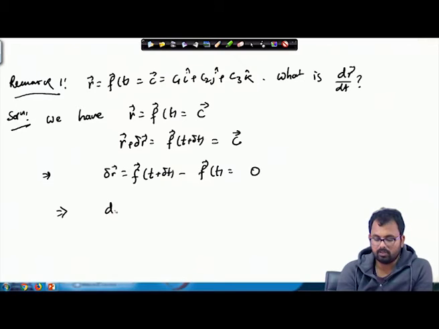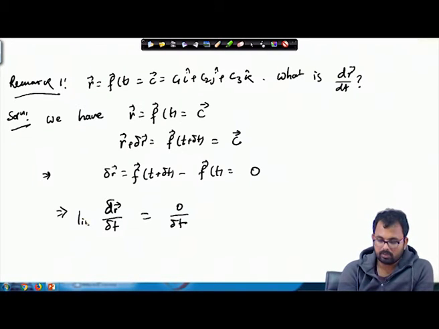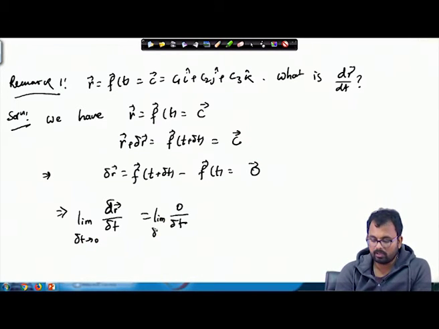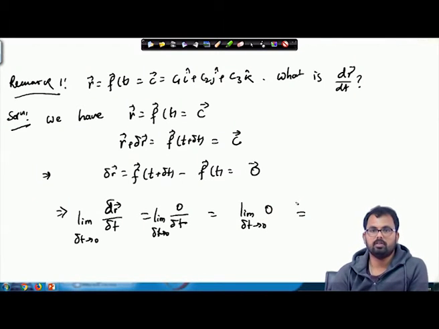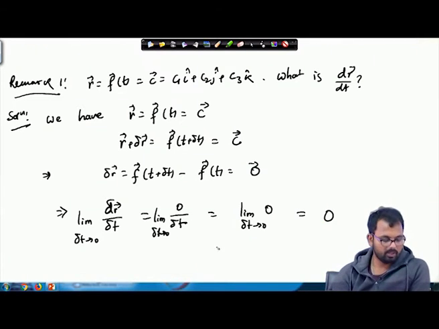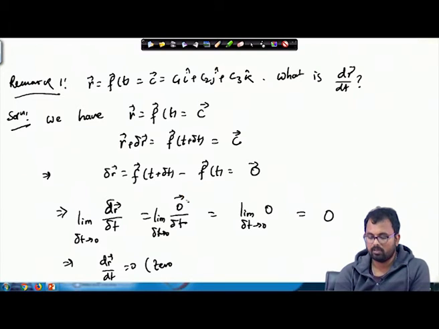From here we get delta r over delta t equals 0 over delta t, and now I will take the limit on both sides, as delta t goes to 0. The limit of a constant is that constant itself. So, here it is 0, and therefore dr/dt equals 0, which is a 0 vector. I can put a vector sign here.